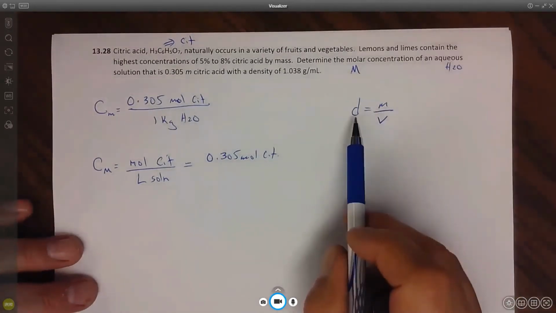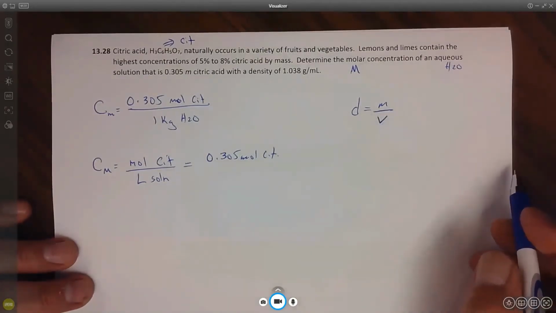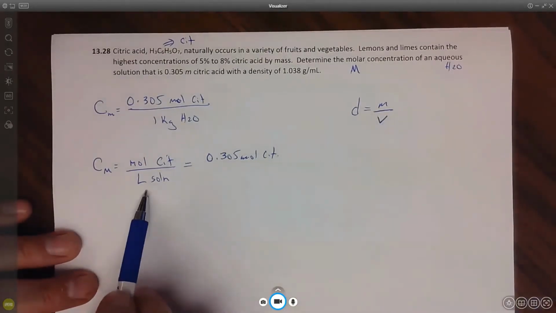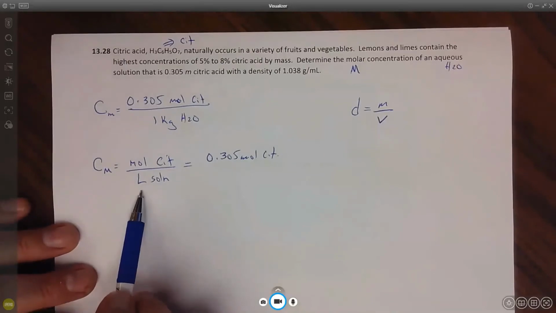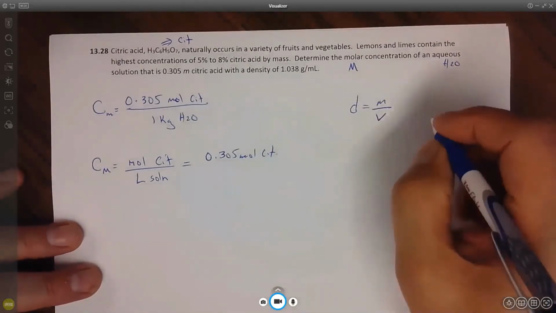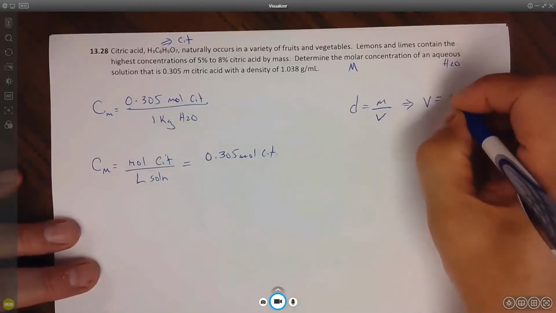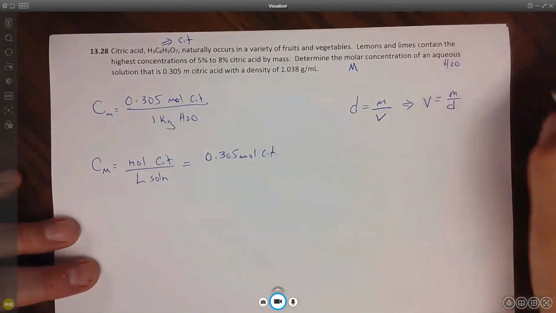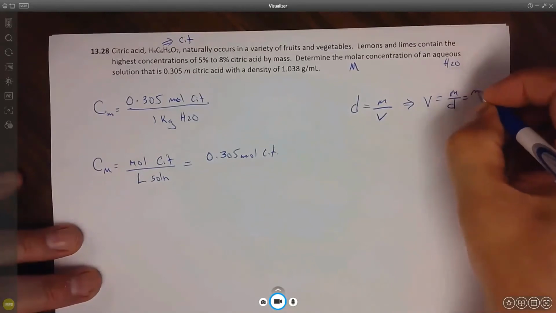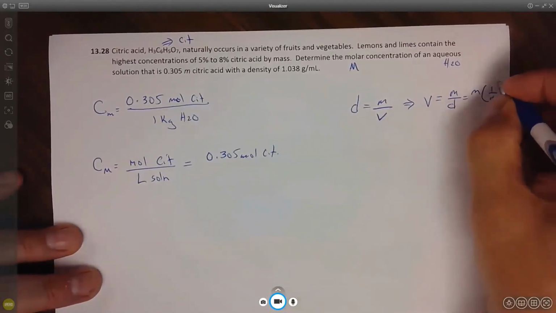Okay, so the density is equal to the mass divided by the volume, right? Mm-hmm. And we want a volume. So if I rearrange this equation, the volume then is equal to the mass divided by the density, which is the same thing as the mass times the inverse of the density.